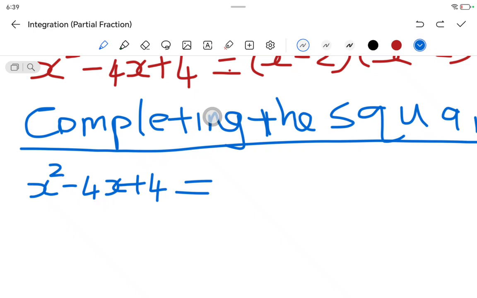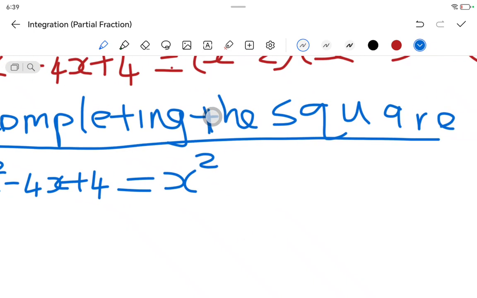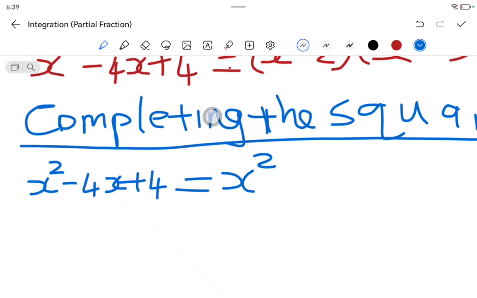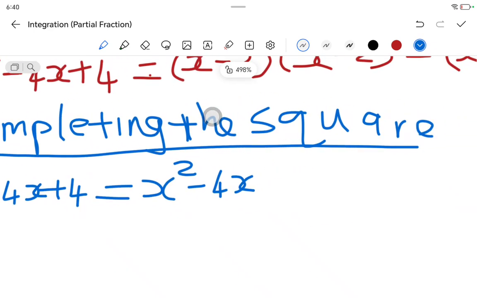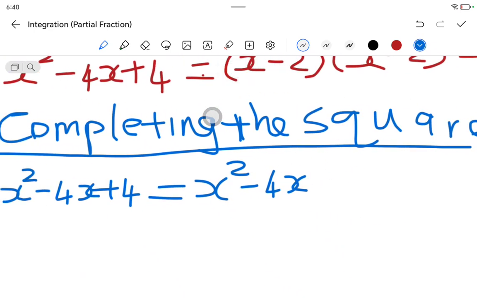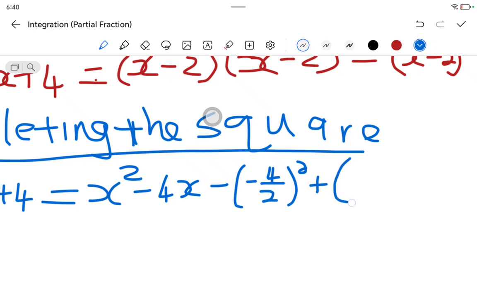You're going to take that. You come here and say x squared. So what you're going to have is x squared, then minus 4x. And then you're going to come and do this and say minus (4 over 2) squared, plus (4 over 2) squared.